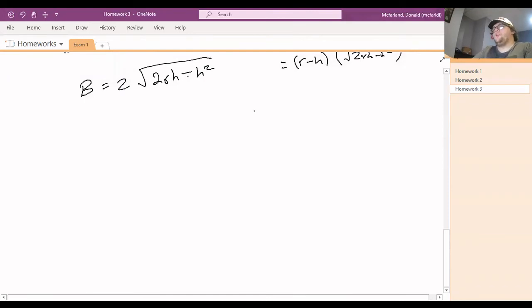So now that we have our area of the triangle, we can now find AH.